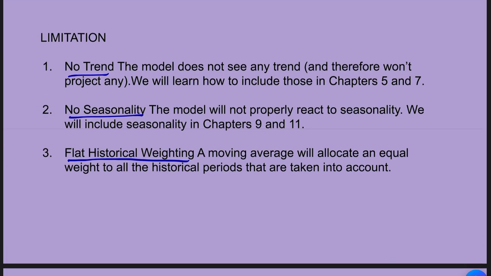And the third point is the flat historical weighting. If we take the value of n equal to 3, it is going to take the past 3 values, d1, d2, d3, to predict the forecast f1 by dividing by 3.